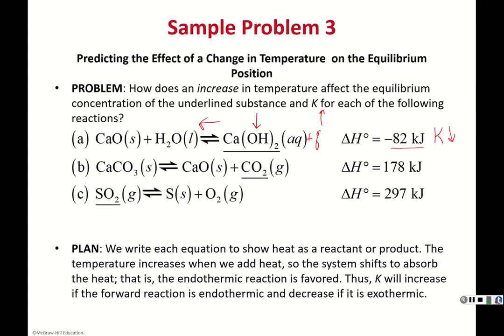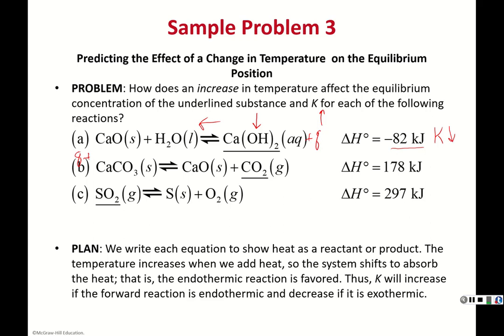B, we have calcium carbonate solid going to calcium oxide plus CO2 gas, right? This looks like a similar type of reaction, but here we have an endothermic reaction. The delta H is positive. So heat would be a reactant, right?